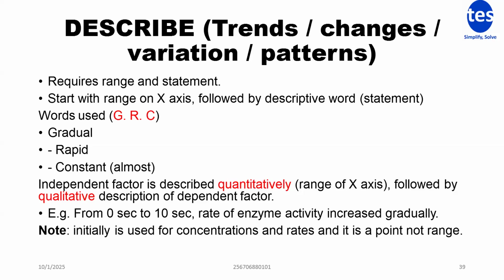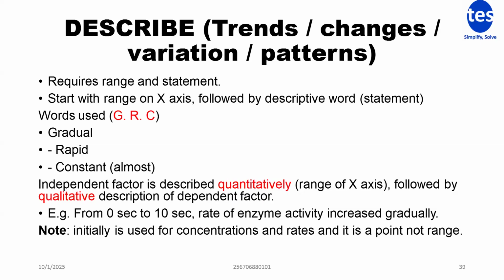And one thing to note is initially is a point, not a range. Meaning, you will say that initially the rate of breakdown of glucose is high. But you can't say that initially the rate of breakdown of glucose increases rapidly. No, that is wrong. Initially is a point, not a range.